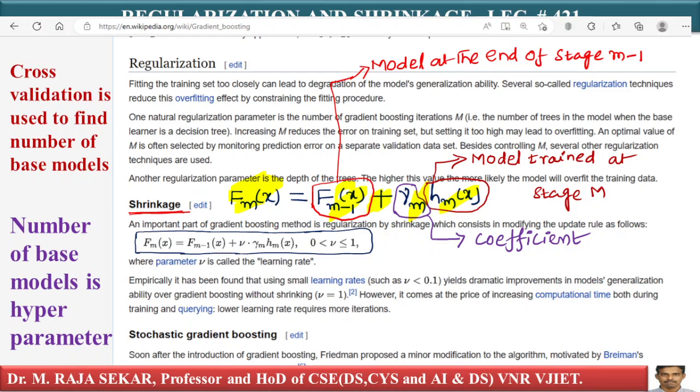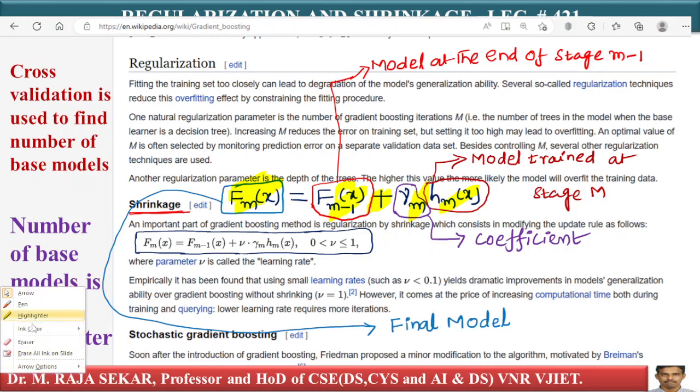Gamma m is the coefficient that we got. And what is your fm of x? This is the final model that we have at the end of m stages.